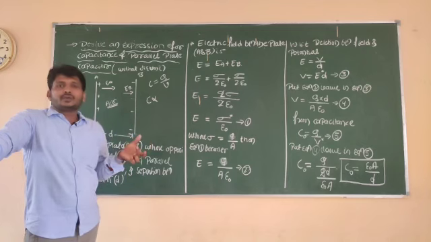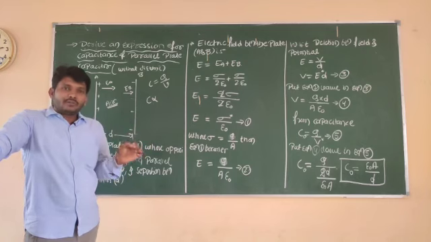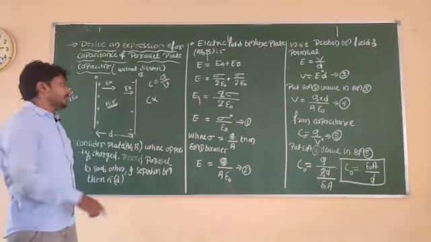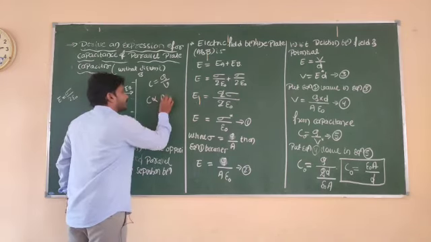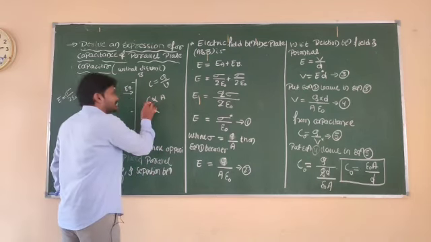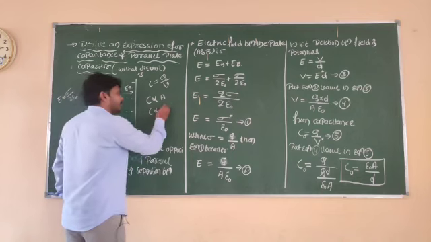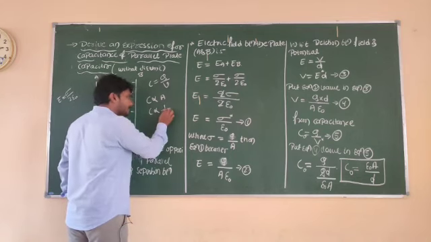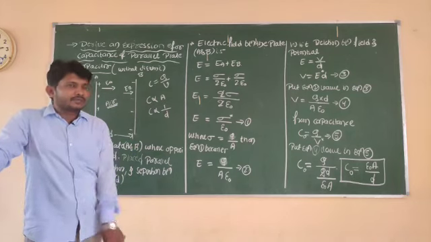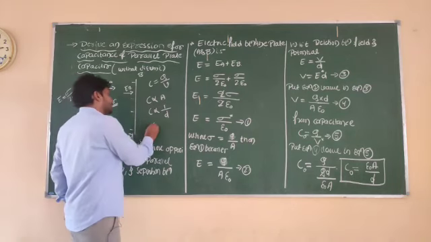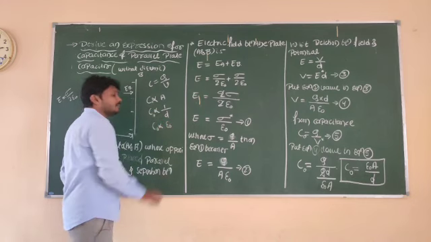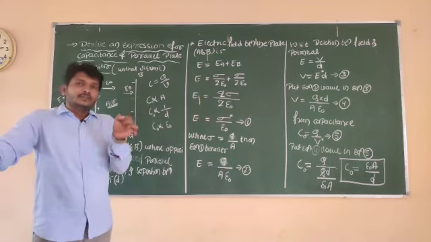For 2 marks they will ask the question like, on what factors does the capacitance of a parallel plate capacitor depend? It depends upon the area of the plate, and it is directly proportional to the area of the plate. It is inversely proportional to the distance between the plates, and it depends upon epsilon naught, which means the permittivity of free space here.